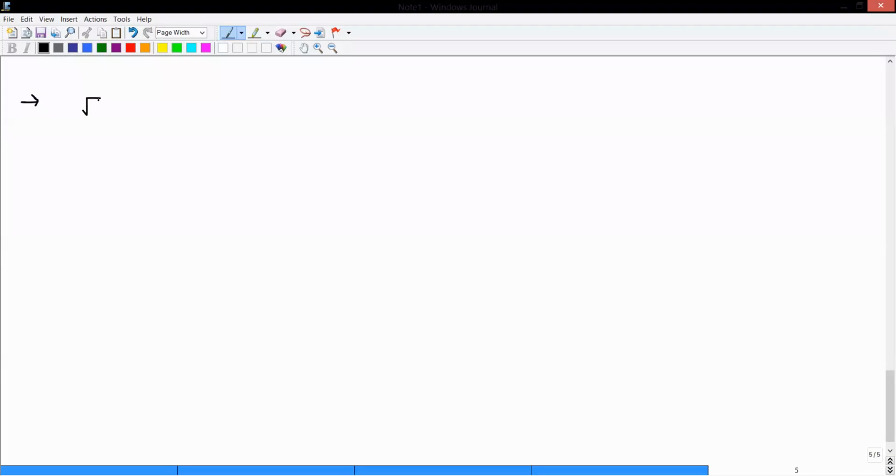When you have root a plus root b, then rationalizing factor of this is going to be root a minus root b, because if you multiply it, you get a square minus b square, which is a minus b for this multiplication.